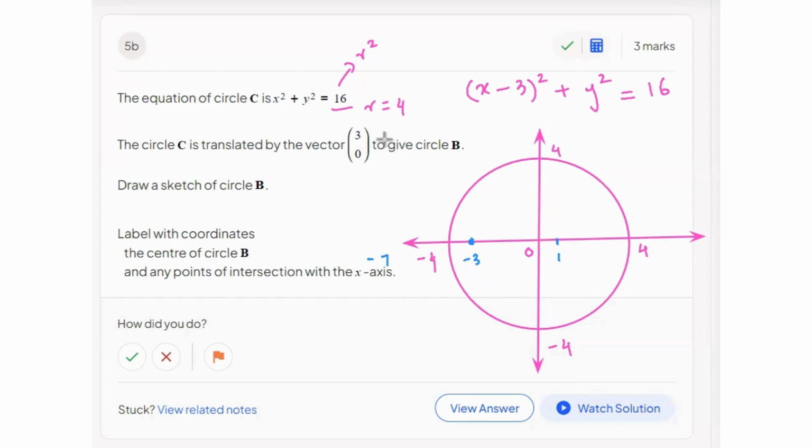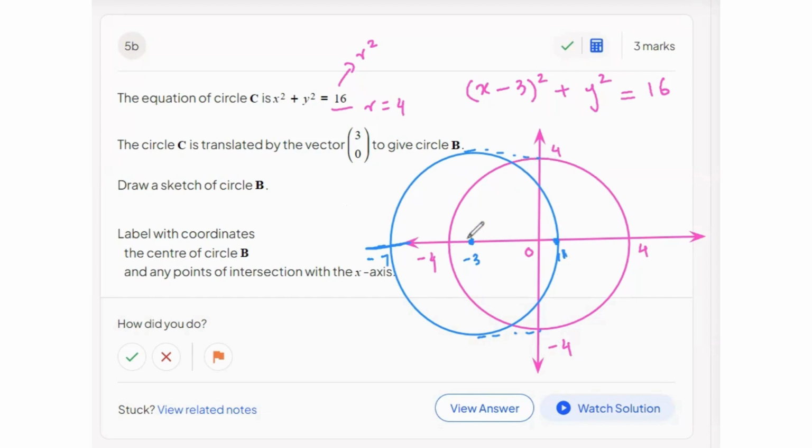So the only thing that's changing is the x coordinate. So if we draw the graph for this, it's going to be like this, approximately. This is your y equals 4 over here, y equals negative 4 over here, and this is your point where x equals negative 7 and x equals 1 is over here.